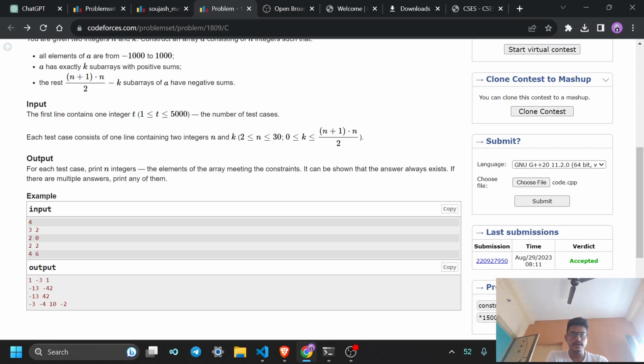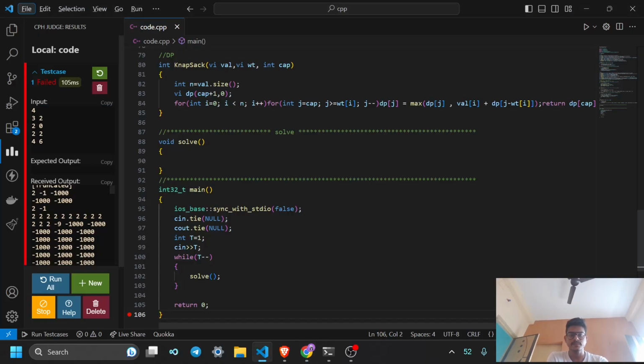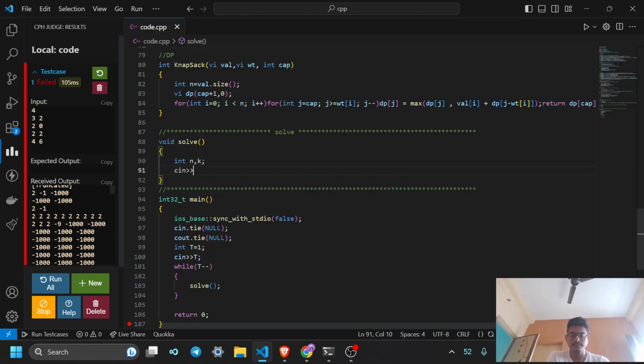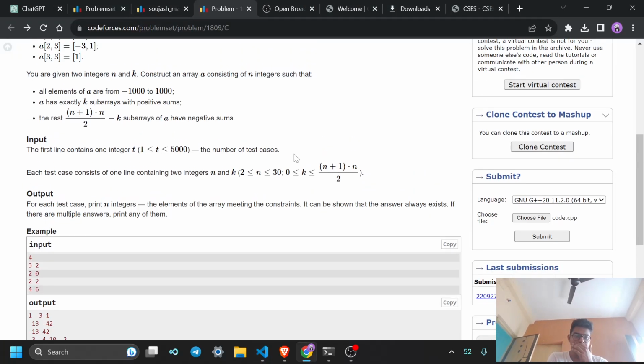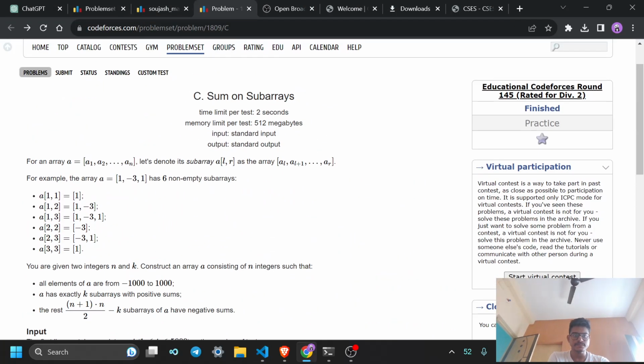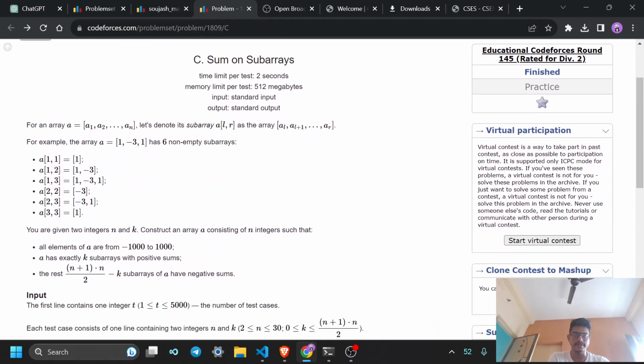I have one integer t for the number of test cases and two integers n and k. In my template I have already handled the test cases, so I only have to take the input. Then let's move to the actual question.